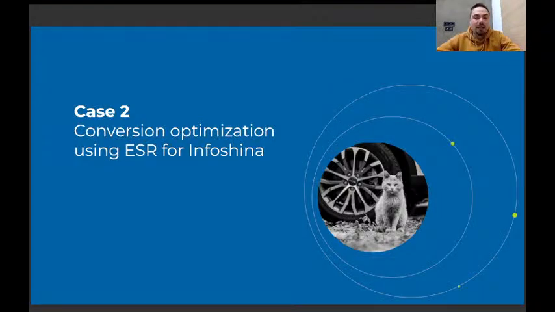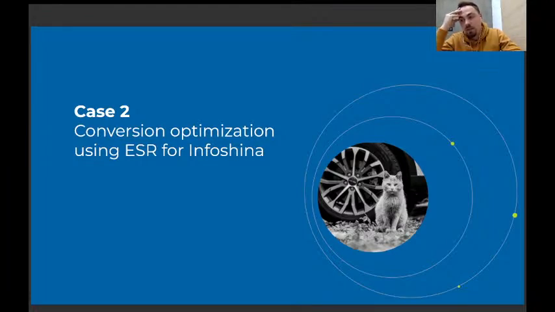Okay, the next case is conversion optimization and UX research for Infoshina. Infoshina is a leader in selling tires. I think we have worked with them for more than one year, and they have more than 600,000 visitors per month.